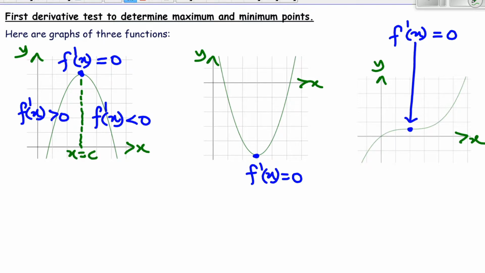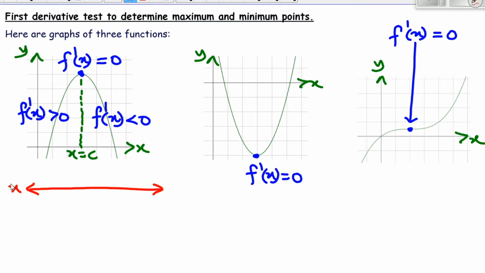Now we can represent the information on the first graph below. We can represent it on something called a sign diagram, for the values of x.